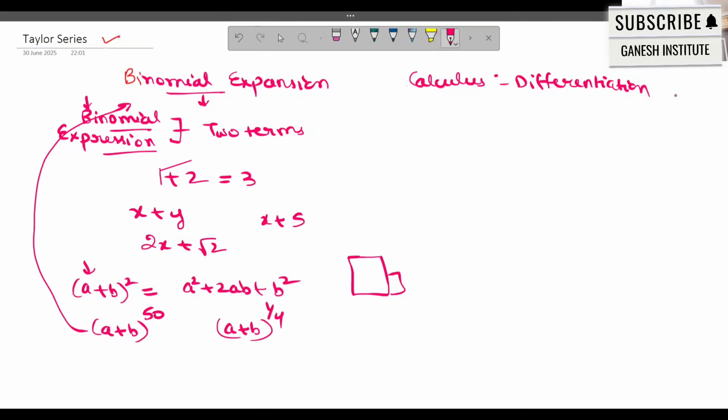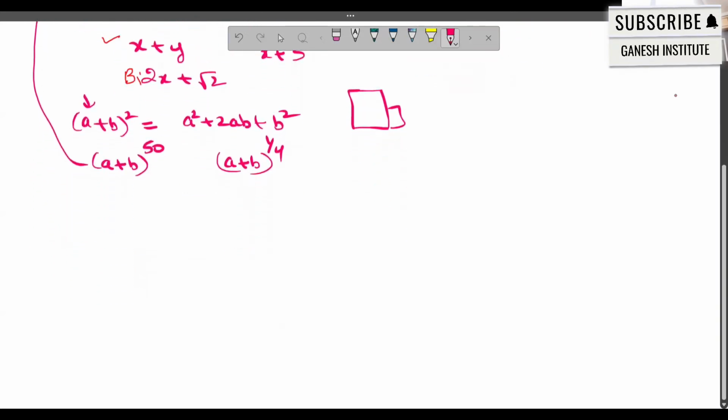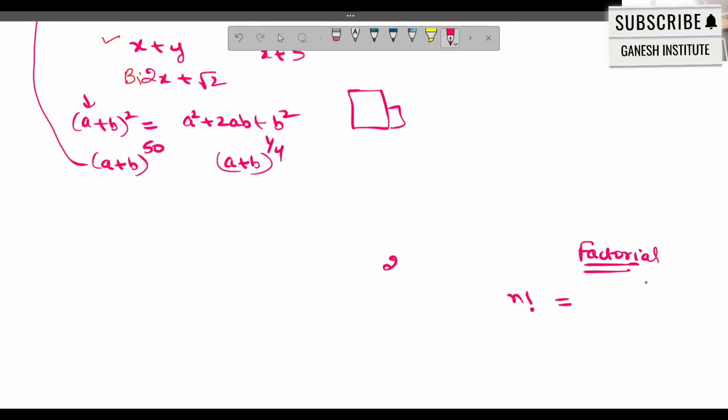How it can help us is for that, we need to know about factorial. Do you know in permutation combination we used it? Yes, factorial. What is n factorial? 2 factorial is 2 into 1, 3 factorial is 3 into 2 into 1.